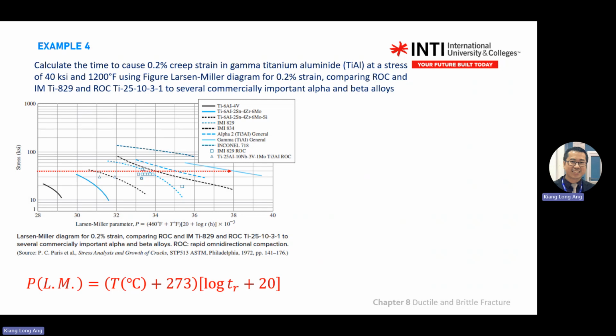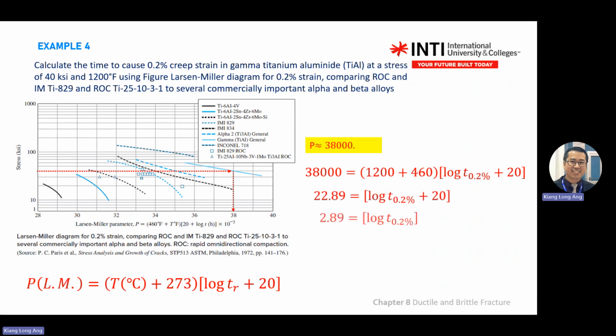So this one is 1, this one is 10, and this one is 1, 2, 3, 4, 5, 6, 7, 8. So you need to convert all these lines accordingly. Okay, so you follow the working, you will get the time.